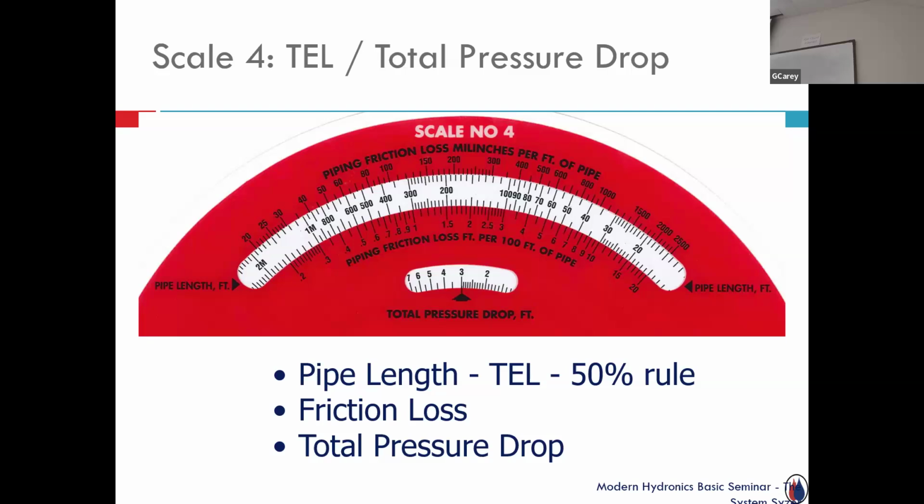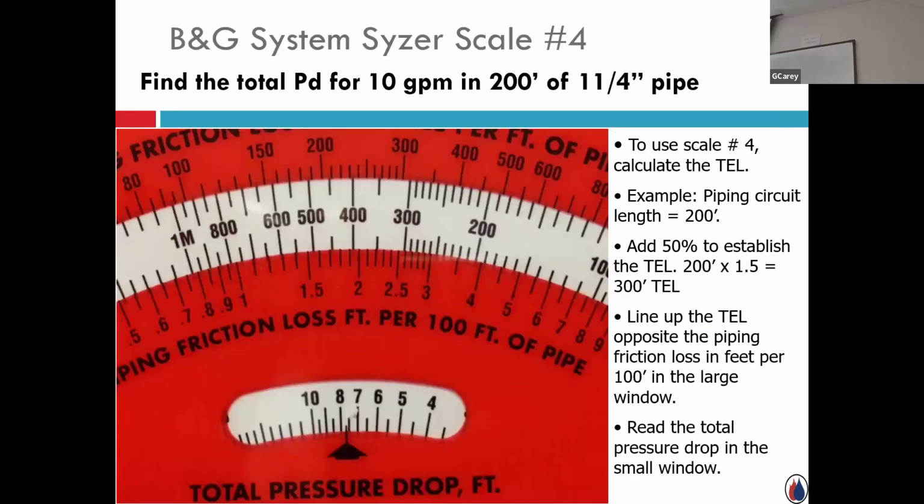When we figured out scale 2, what size pipe, what's the pressure drop per 100 feet, that's this number here. And we just want to line that answer opposite how many 100 feet of pipe we have, or how many 50 feet, or how many 1,000. Someone can just sit down real quickly, and most of the time you can figure it out right in your head. But back when there were no calculators, it might have been a little more useful. So it's just a quick example.